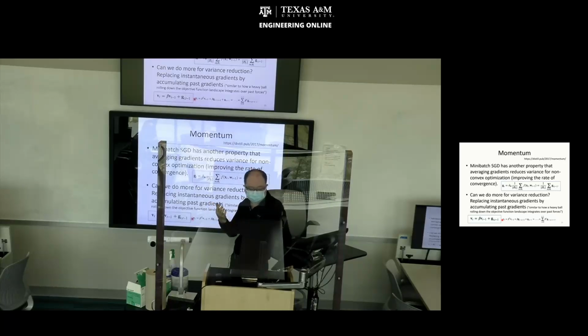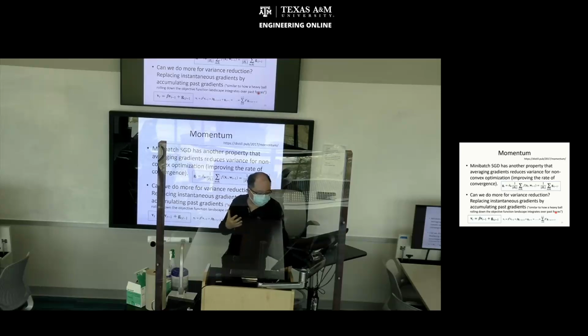This is very similar, but the concept they're calling here is momentum. It's like you're accumulating the gradients over time, right? So it's like momentum because it's similar to how a heavy ball rolling down the objective function landscape integrates over past forces, right? So you're utilizing the gradients in the past, right?